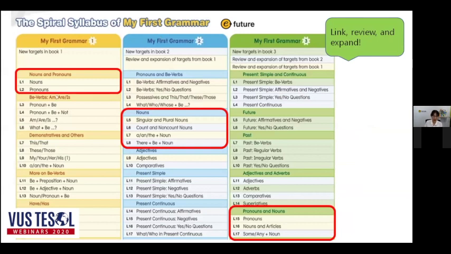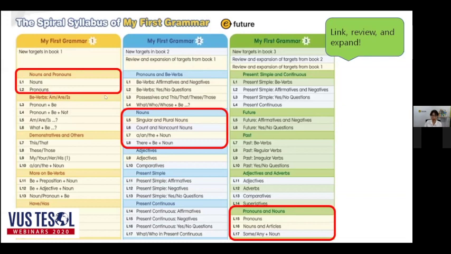If you look at this one, here's nouns and pronouns. So you learn nouns and pronouns, and then you do nouns again, right? But here, not only are you reviewing the previous part, you are also expanding.